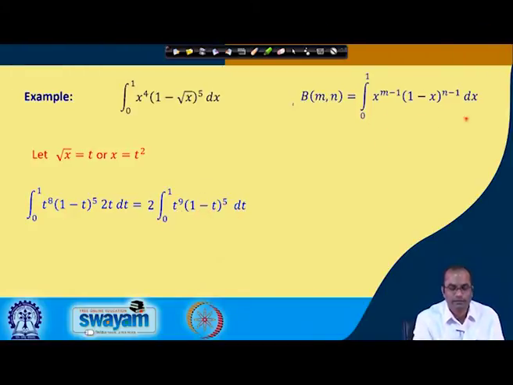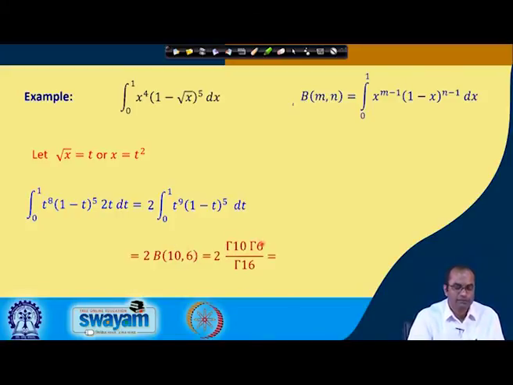So, this is exactly the integral we were talking about in the beta function. So, we can write this as the beta. Here we have m minus 1 that is 9, that means m is 10, and here n is 6. So, this is beta 10 6. So, this is 2 times beta 10 6, the arguments 10 and 6, which we can evaluate now. These are integers here.